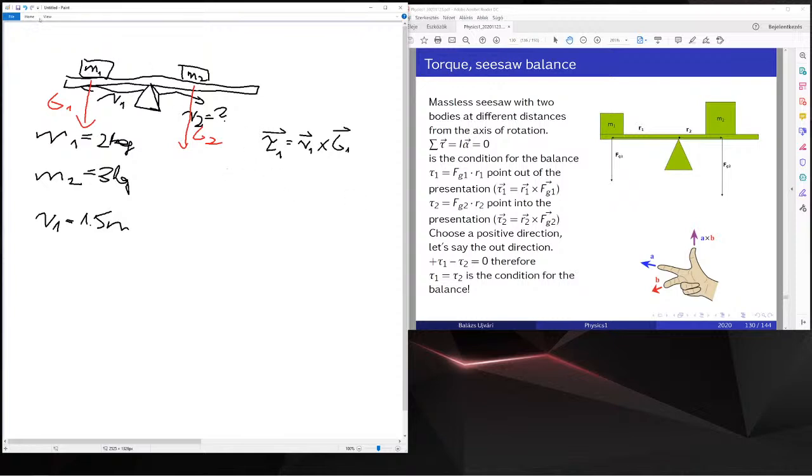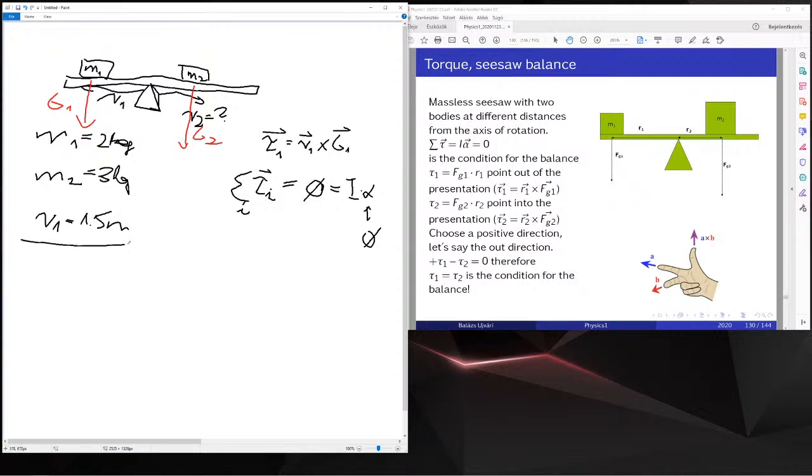Of course, the condition for equilibrium for rotation means all the torques added vectorially have to be 0, because the net torque is the moment of inertia times alpha, and equilibrium means alpha is 0. So for any body, any shape and any mass, the seesaw will be in equilibrium if the sum of the torques equals 0.